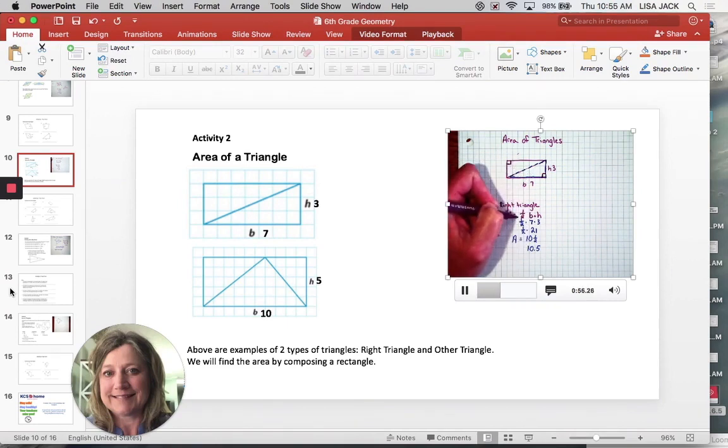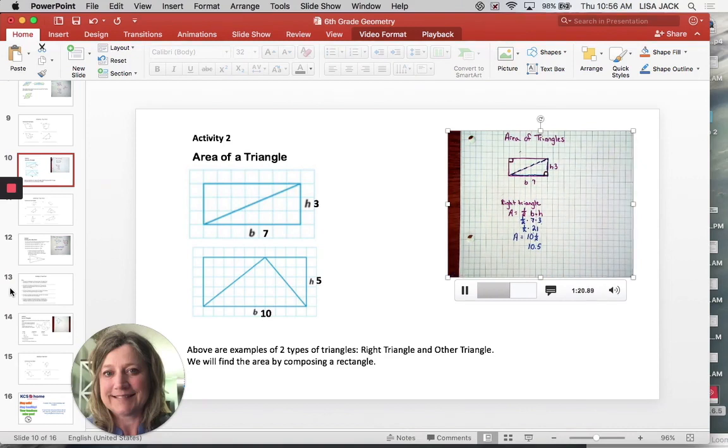So we have half times 7 as the base, 3 as the height, and 7 times 3 is 21. Half of 21 is 10 and a half. You can also call it 10 and 5/10.